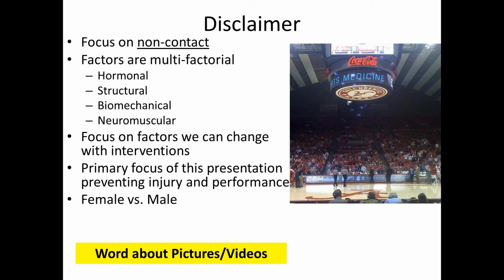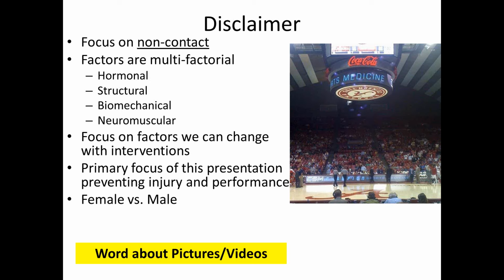In talking about non-contact ACL injuries, it's very important for us to recognize that that is really a multifactorial injury. There's a lot of factors that feed into non-contact ACL injuries. This can be hormonal issues, it can be structural issues, it can be the femoral notch, the size of the ACL, it can be the Q angle, etc. There's also biomechanical and neuromuscular issues.